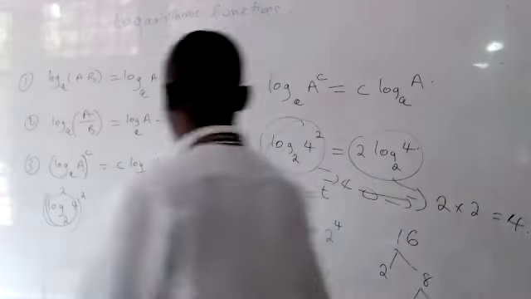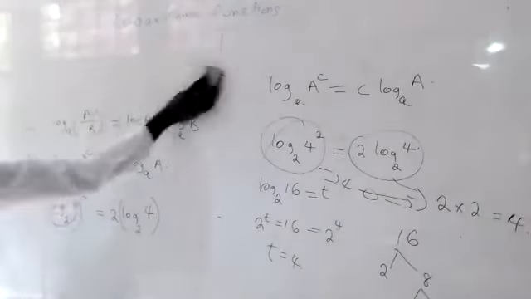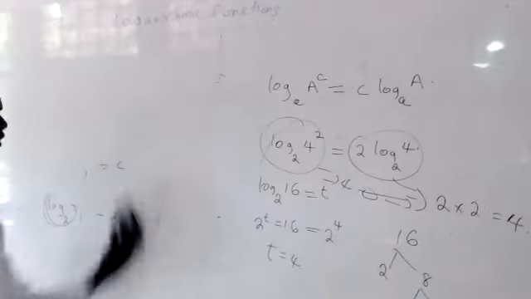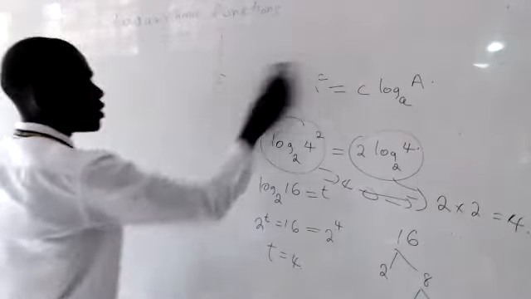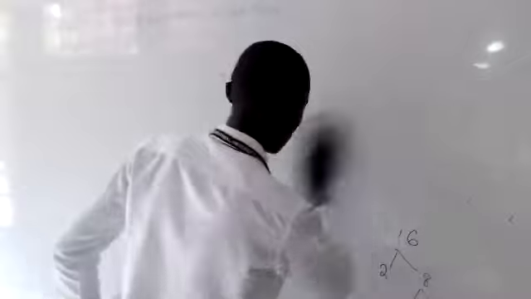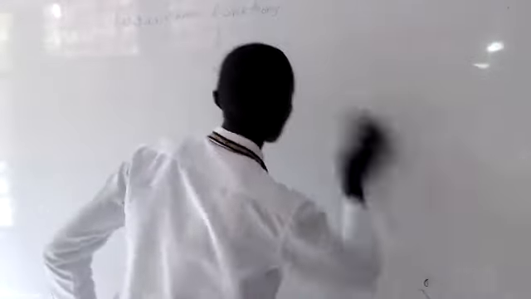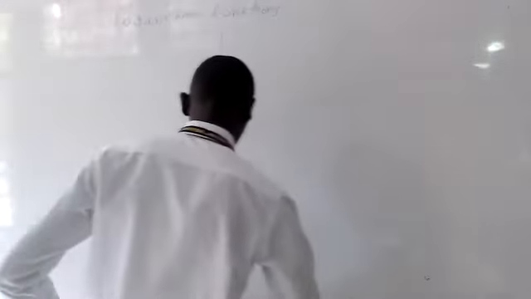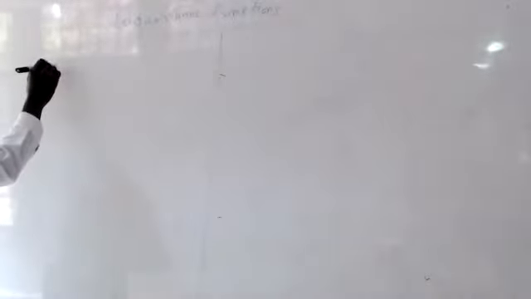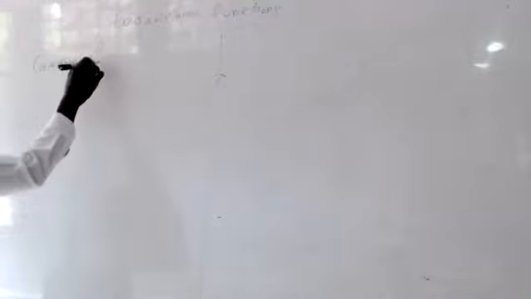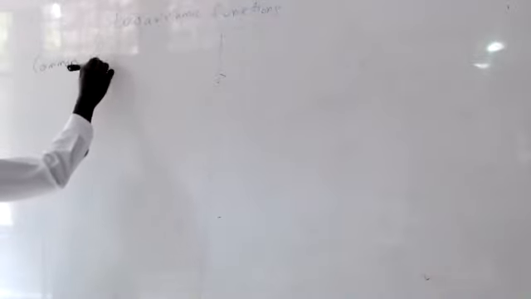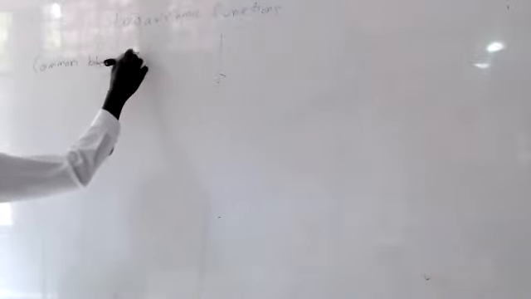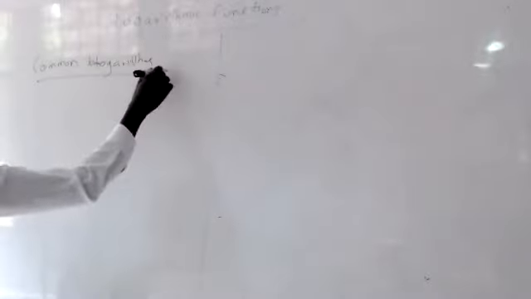One last thing I'd like us to learn about logarithms is how to change bases. I mentioned that most calculators do not have logarithms to every base. So first of all, let's talk about common logarithms.